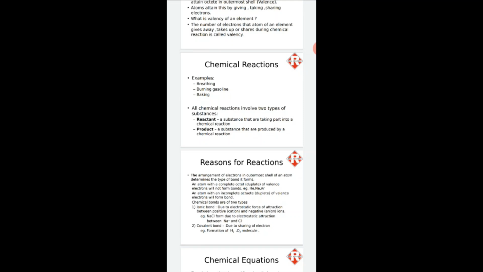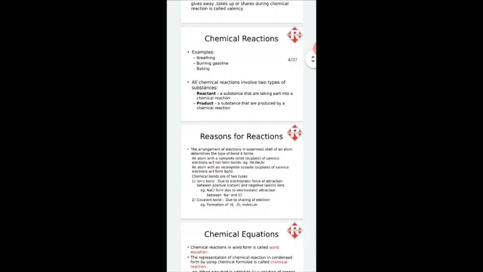So a chemical reaction takes place here. Burning gasoline: when gas is burned, a chemical reaction takes place. Baking: in this case also, chemical reactions happen when we bake.